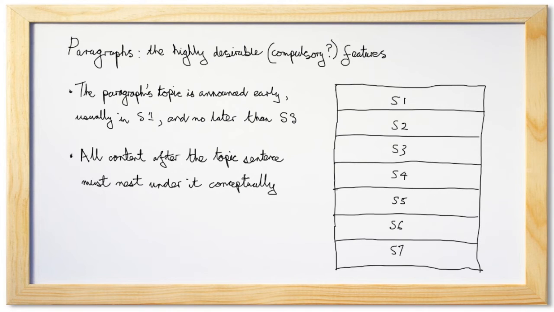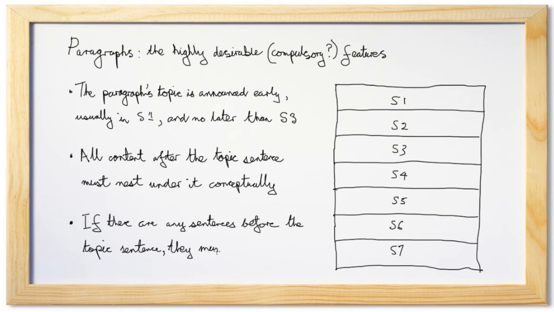And finally, if the topic sentence is not the very first sentence, then the sentences before it must lead up to it. If we do use such sentences in a paragraph, we're doing just the same type of scene setting that we find in regular stories, and as we also saw in our introductory section. A paragraph is basically a mini-story.